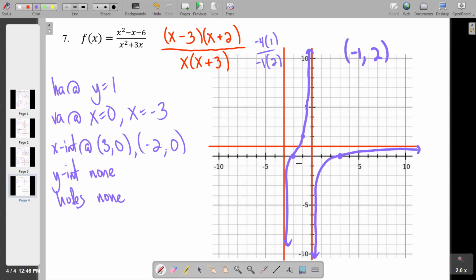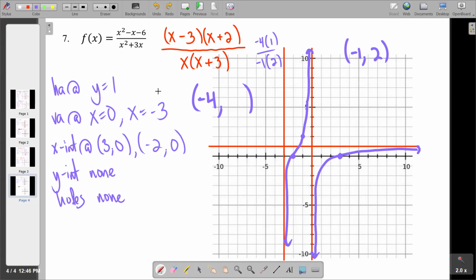And then, of course, we have to find the regions over here. And come on, you know this. We're going to put in -4 for our X value because we want to know what's going on over here, right? That's the question. Is it above or is it below? And that's what -4 is going to provide for us.